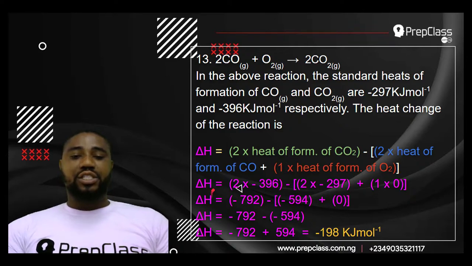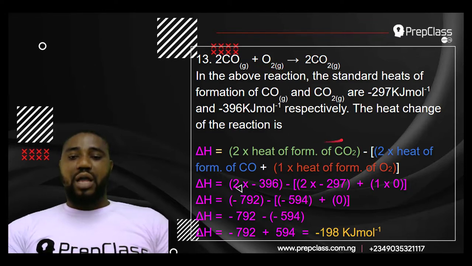So delta H now becomes 2 times that of CO2. They say this and this are this and this respectively. That means this one is for CO and this minus 396 is for CO2. So that becomes 2 times minus 396 for CO2 minus 2 times minus 29 for CO plus oxygen. They didn't give us any heat of formation of oxygen, so it will be 0. Do you understand?